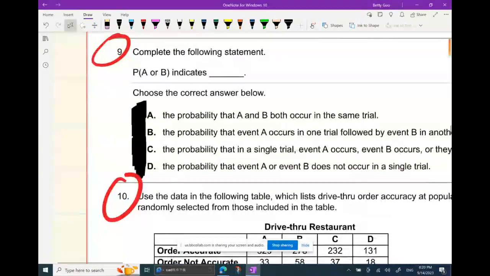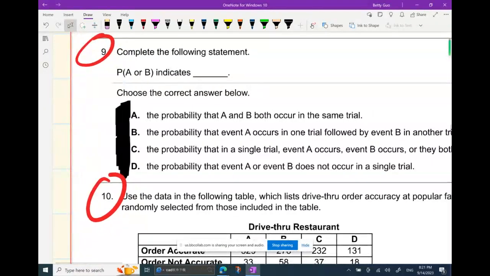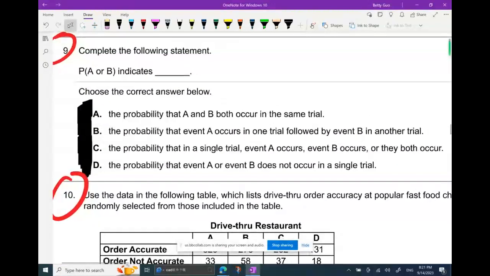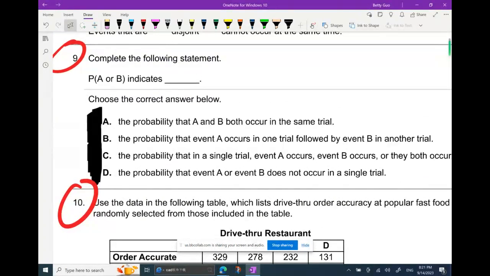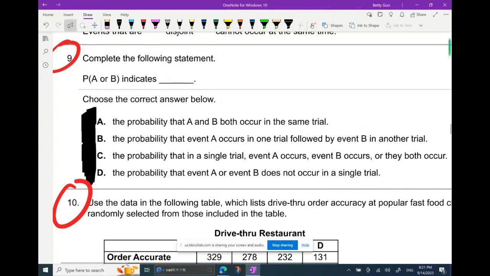Probability of A or B indicates what? We have 4 answer choices. A, the probability that A and B both occur at the same time. I don't think so. That's the P of A and B in the same trial. B, the probability that event A occurs in one trial followed by event B in another trial. A lot of information, but no. C, the probability that in a single trial, event A occurs, event B occurs, or they both occur.